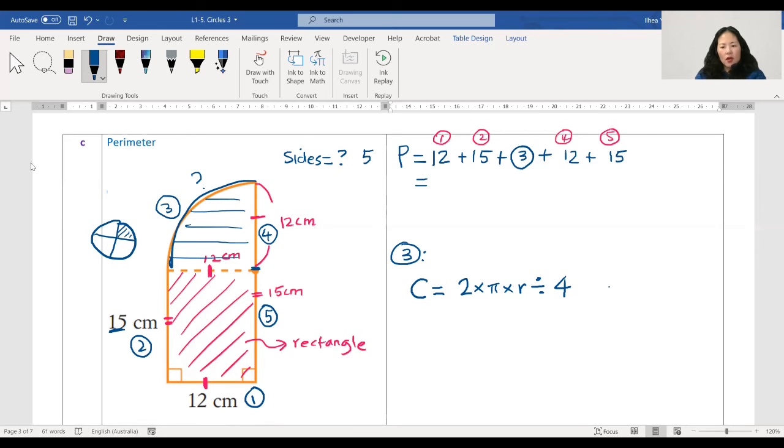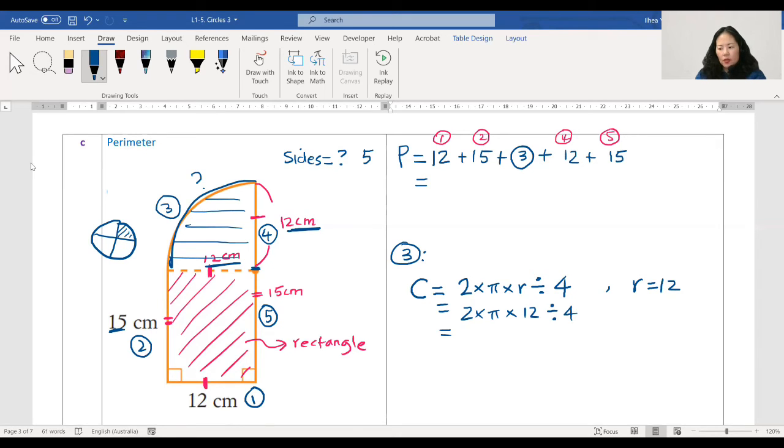And also I know that the radius is 12. So put all that in: 2 times pi times 12, and then divided by 4 will give me that curved length.